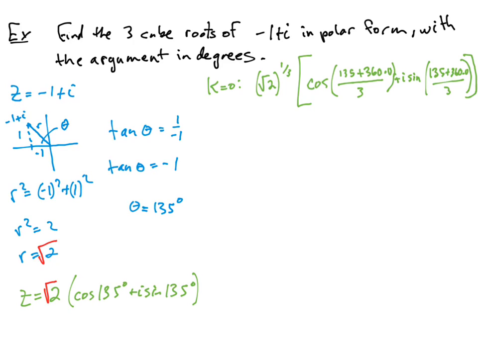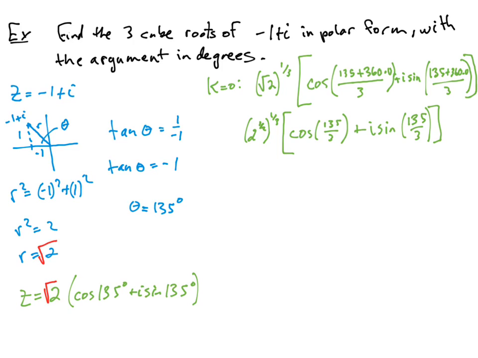Square root of 2, we can write with an exponent of 2 to the 1/2. So this is 2 to the 1/2 raised to the 1/3. And then we're going to have cosine. 360 times 0 is just 0, so this is going to be 135 over 3 plus i sine of 135 over 3.